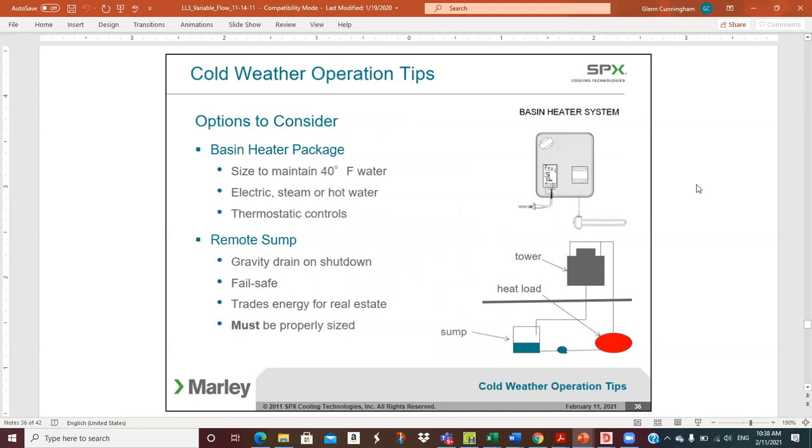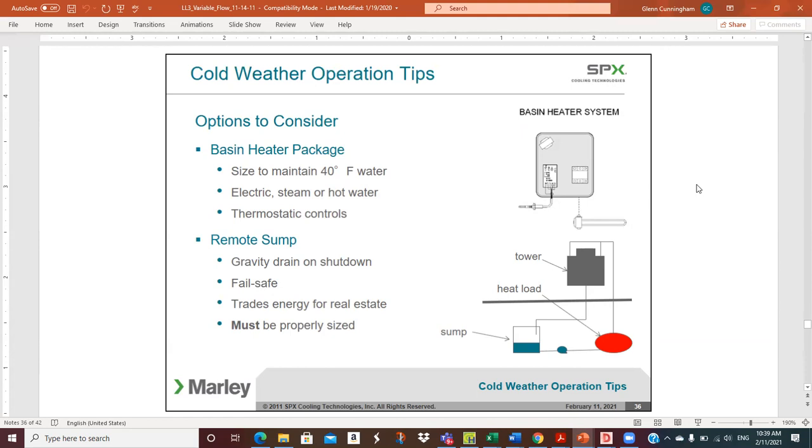Let's see, cold weather operation tips, options to consider. Basin heater package. If that basin sits outside, even with flow through it, in the corners where the water is pretty much stagnant, if it's cold enough, it can freeze.